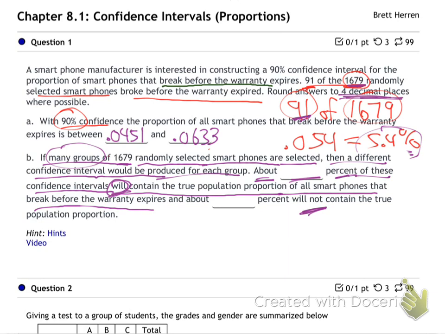So in other words, let me ask it in a better, more meaningful way. What's the chance that 5 years down the road, after millions have bought this smartphone and used it, and they find the true percentage that break within the warranty period and need to get refunded, what's the chance it's really going to be in this interval? What's the chance that when the truth is known years down the road, it turns out 4.7% of the phones break within the warranty period?